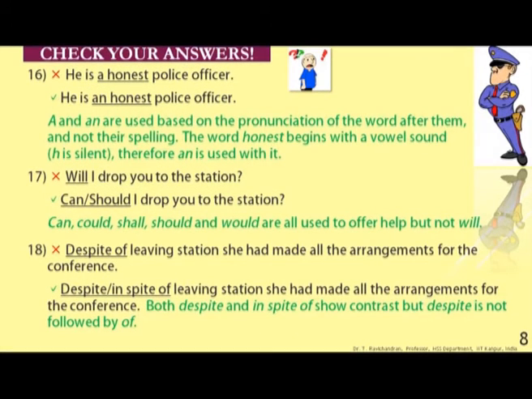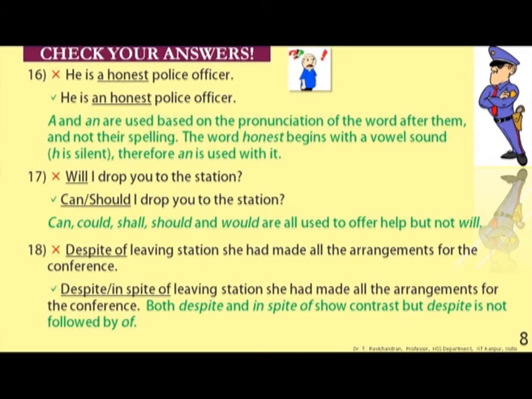16 is again with regard to the use of articles, the choice between a and an. I hope you know that a and an are used based on the pronunciation of the word after them and not their spelling. It is generally said that it follows the vowel sounds, which means not the letters.